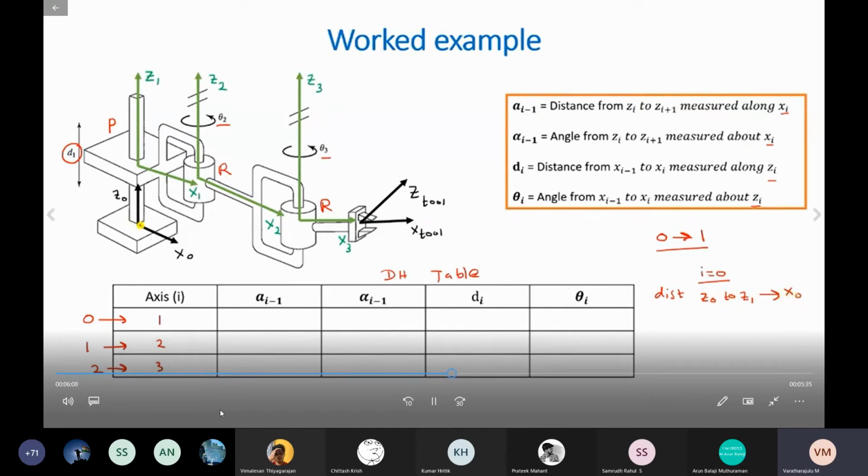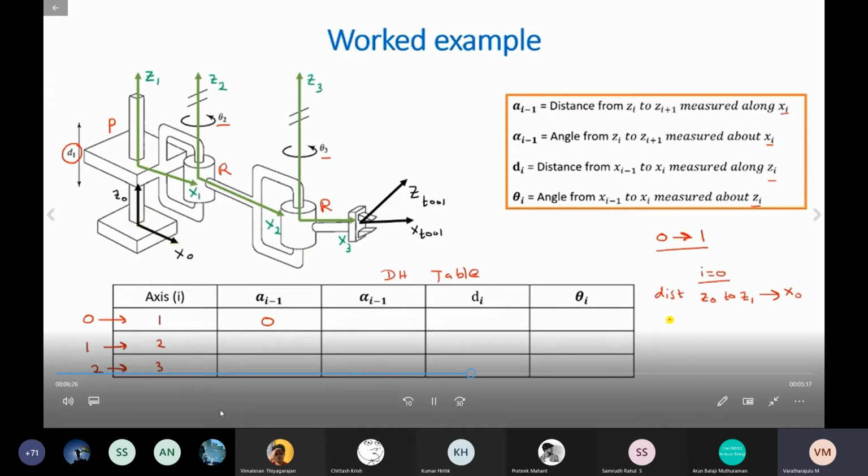from z0 to z1 along x0. So the distance between our z0 and our z1 along x0, and you would see that this value is actually 0 because z0 and z1 are in line with each other, and so there is no displacement along the x-axis.